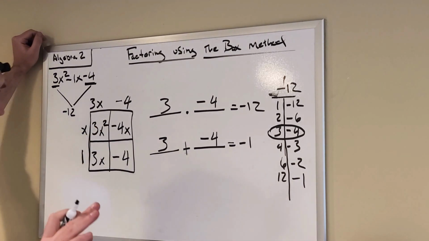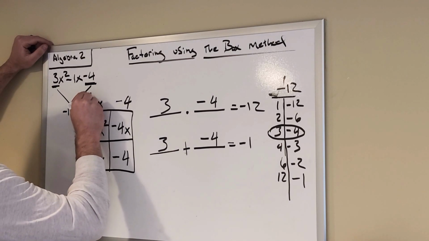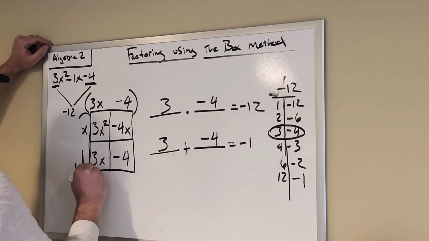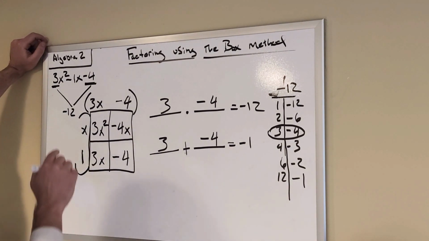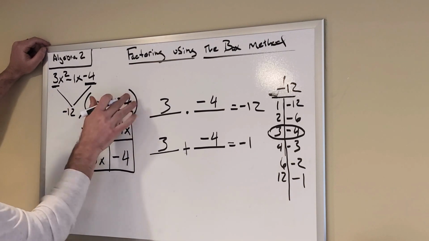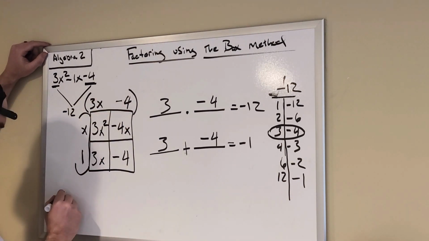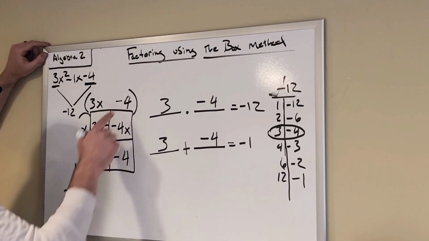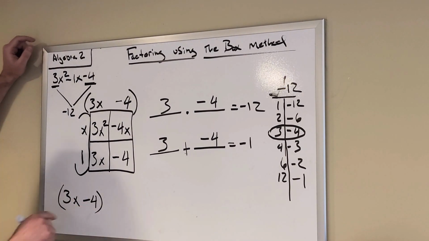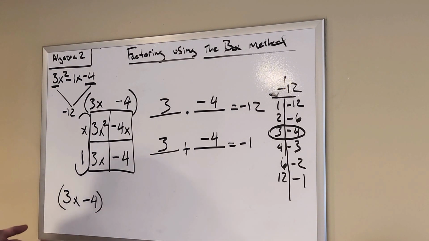Now what I like to do here is put parentheses around the top and then around the side. And I start with the top and I just write that down. What's up here? Down here, 3x and then a negative 4. And then another way of saying this is just 3x minus 4.